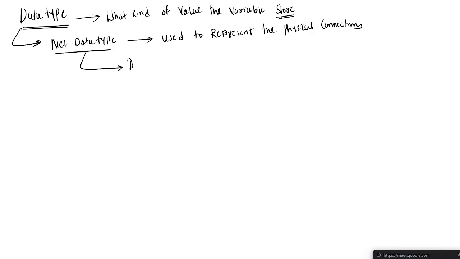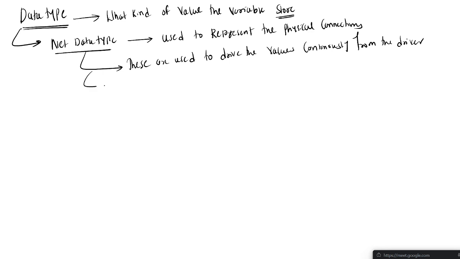So by using net data types, and this is very important, you cannot store any value. These are not storing any value. So this is the net data type.